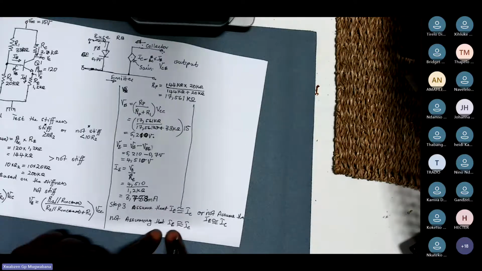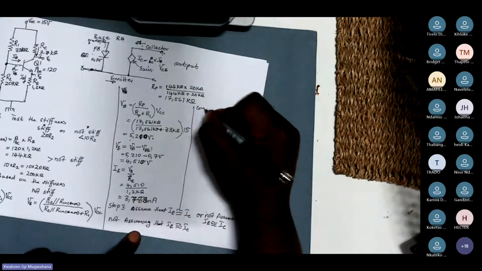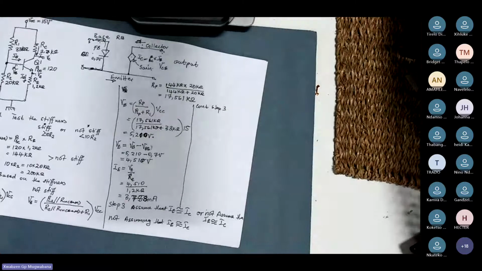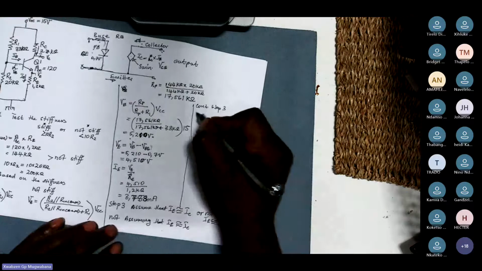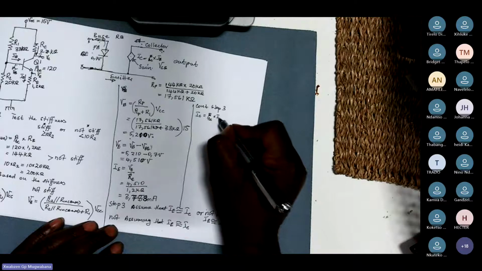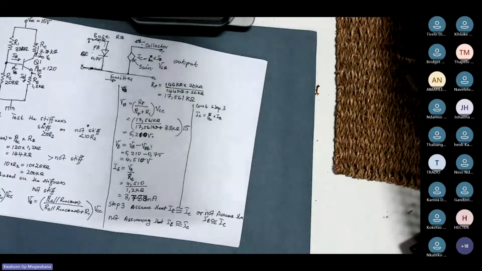Then I need to find this IC. But for me to find IC, I know that IC is gain DC multiplied by IB, which means it is beta, so it is IB dependent.